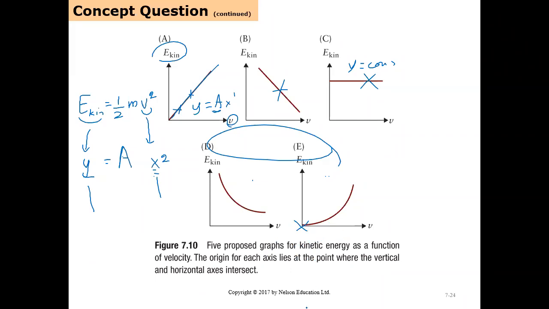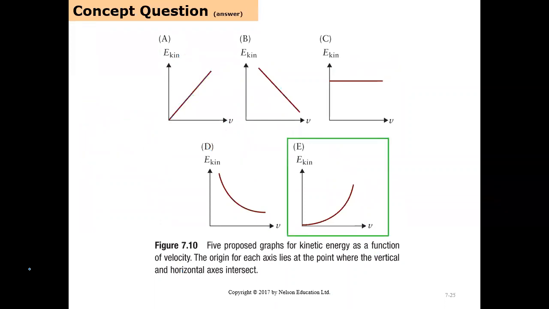We have learned this in your math, okay? A graph of y equals x squared is a parabola shape. Why don't you have negative values? Because speed is positive. Speed is the magnitude of the velocity. It starts from 0. Okay, very good. Let's go. So that's the answer.